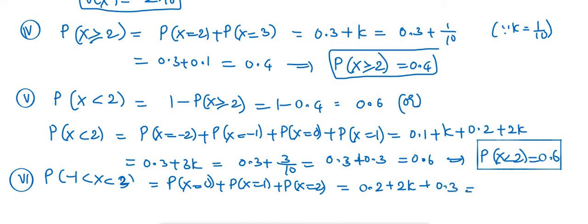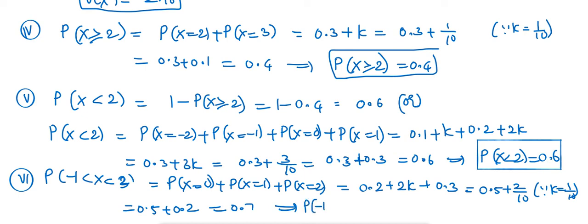It is equal to 0.5 plus 2 by 10. Why? Because k is equal to 1 by 10. This is equal to 0.5 plus 0.2 is equal to 0.7. So the probability of minus 1 less than x less than 3 is equal to 0.7. So this is the way how to do the given problem to find what they are asking.